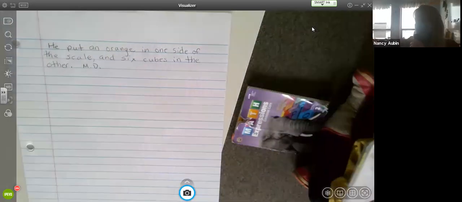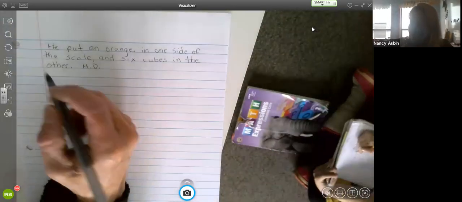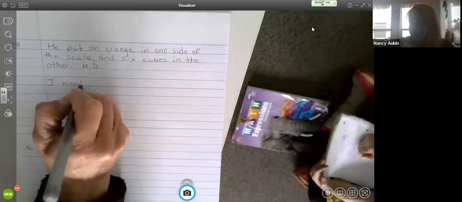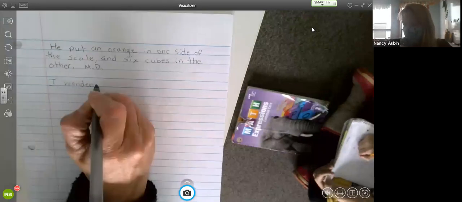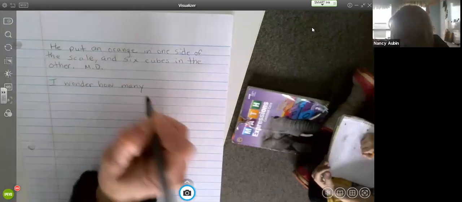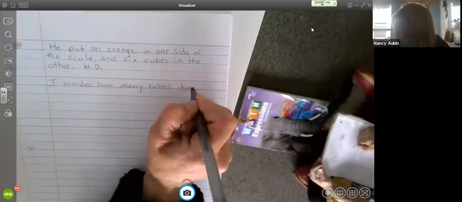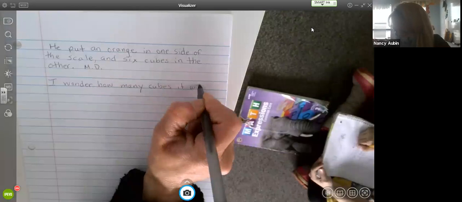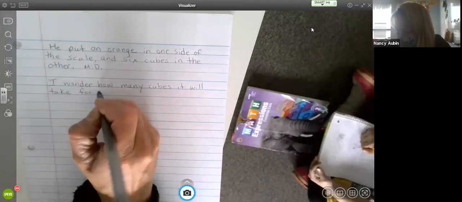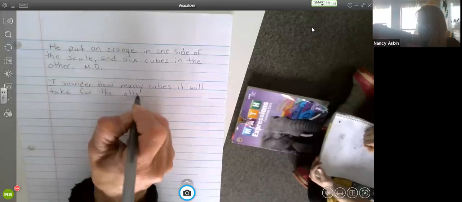All right, Max Duesberg noticed that. Yes, Haley Booker, what else? I wonder how many cubes it'll take for the other side of it to go down. I wonder how many cubes it will take for the other side to go up, you mean? Because it's already down, isn't it?